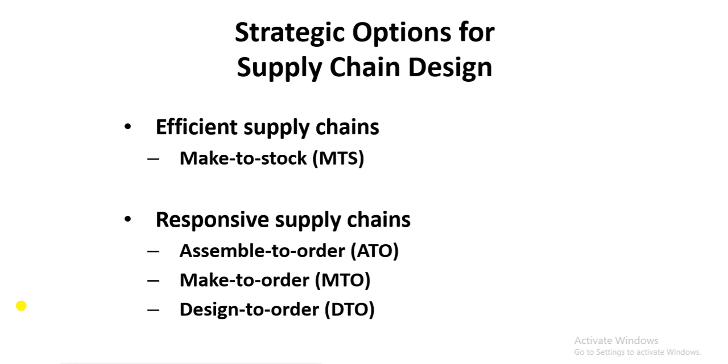In the responsive supply chain, we have three types of strategies. The first one is called assemble to order, the second is called make to order, and the third is called design to order. These terminologies must have been heard when talking about managing inventories.